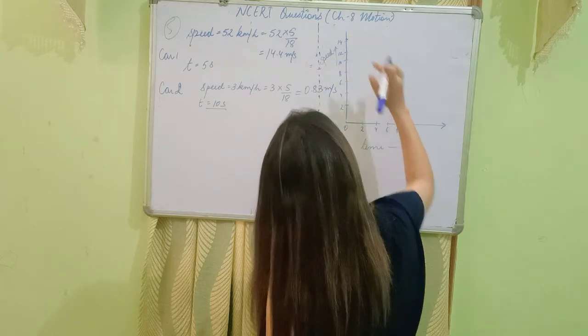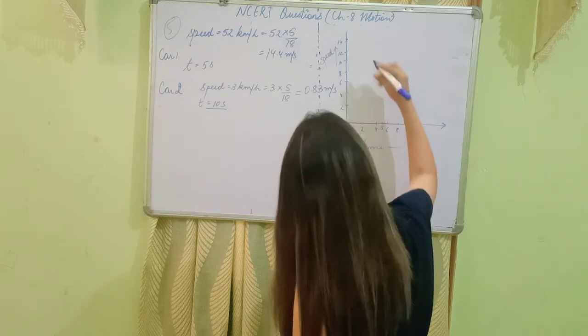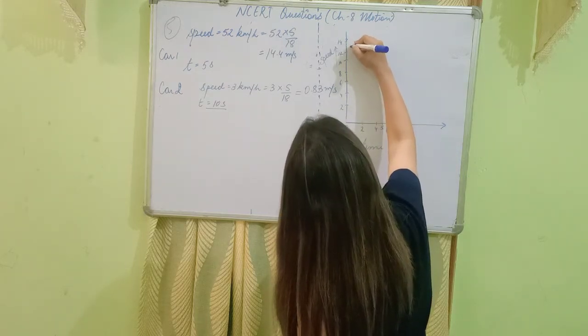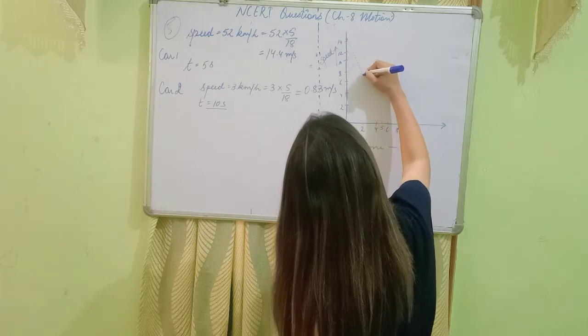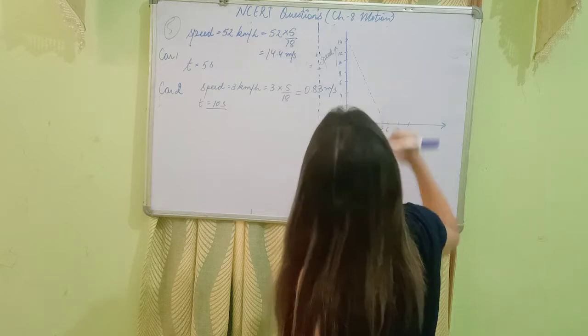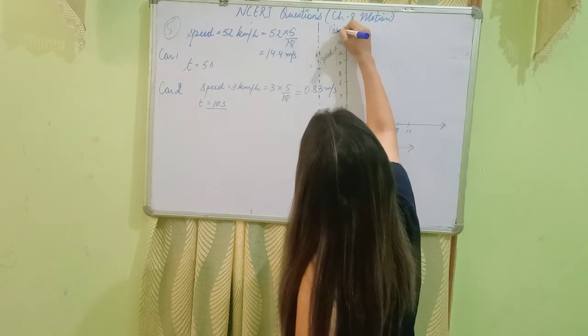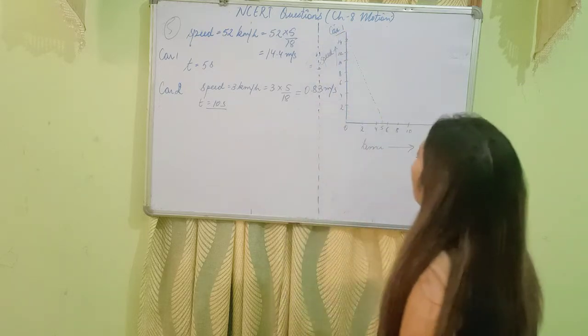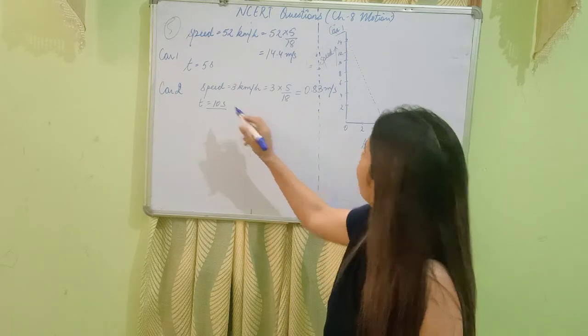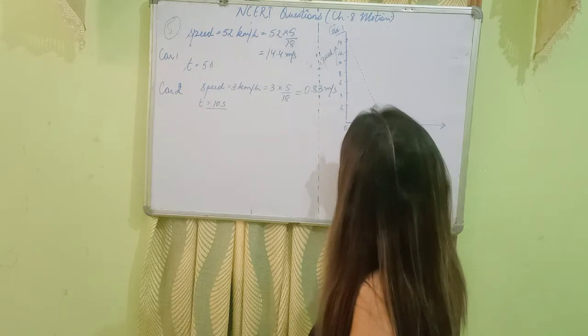When we draw it on a graph paper, it comes quite accurate. Without a pencil, graph paper and a scale, it becomes a little difficult. You need to join these 2 points. That means when time t is equal to 5 seconds, this is car 1. Now the next one, when time is equal to 10 seconds, the speed is 0.83.